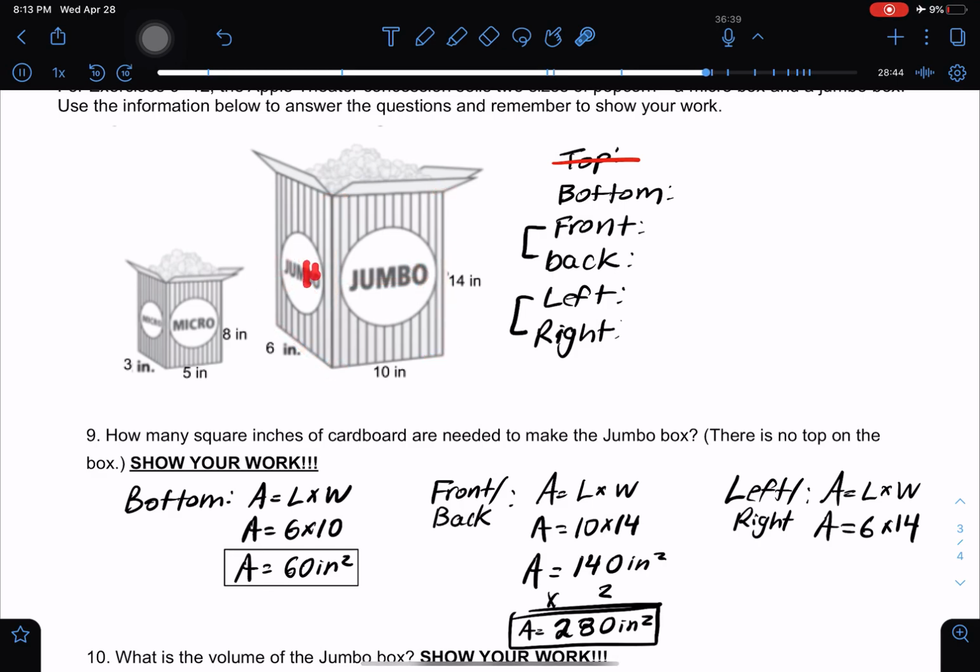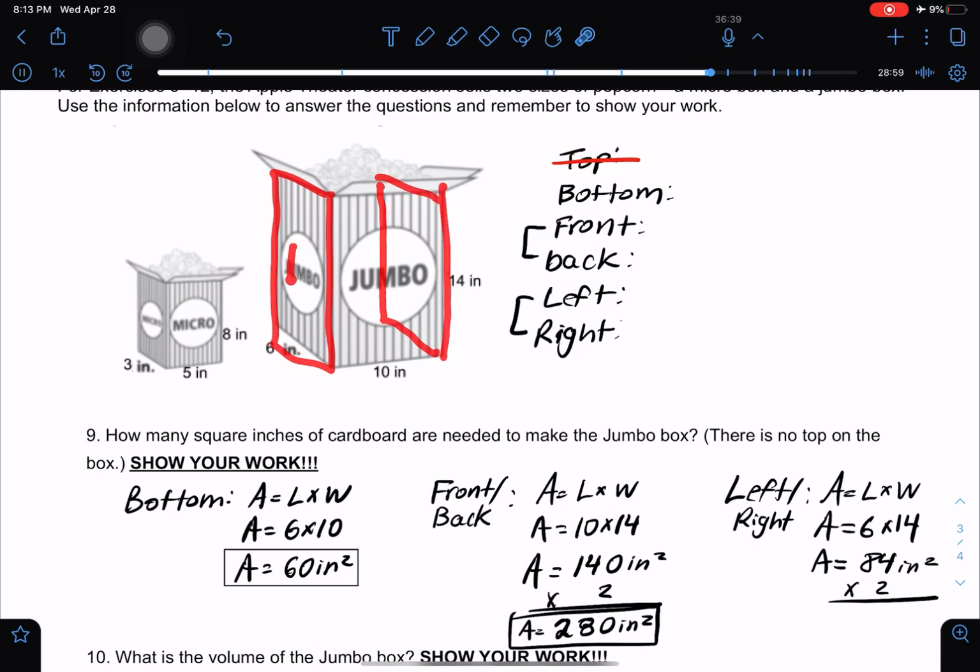And if we multiply 6 times 14, we get an answer of 84 squared inches. This is for that left side that we see there, but knowing that we have to account for 2 different sides, we're going to multiply that by 2, giving us an answer of 168 squared inches.